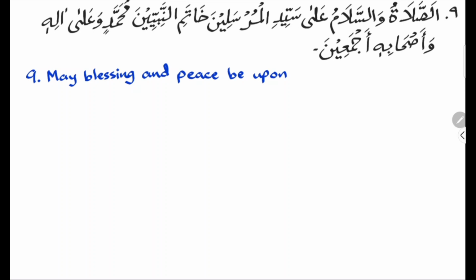Sayyidil Mursalina. Sayyid is mudaf, al-Mursaleen is mudaf ilayh, and by the way, al-Mursaleen is the plural of al-Mursal, which means messenger. Sayyidil Mursaleen, leader of the messengers. May blessing and peace be upon the leader of the messengers. Khatamin Nabiyyin.